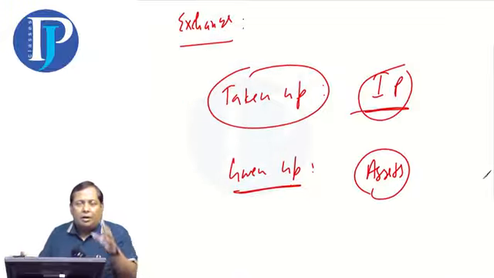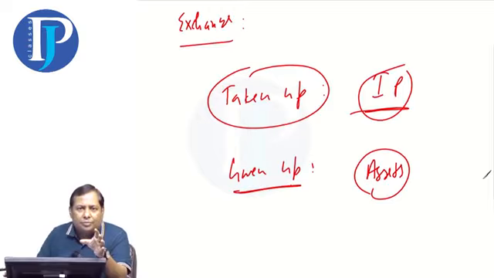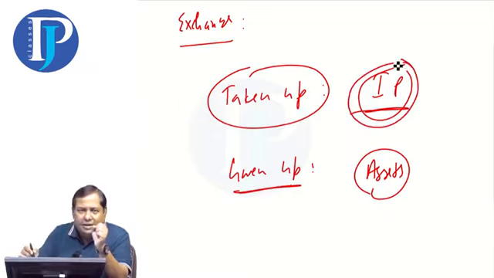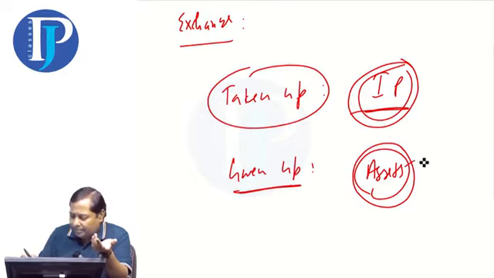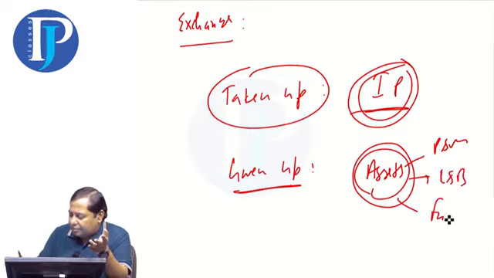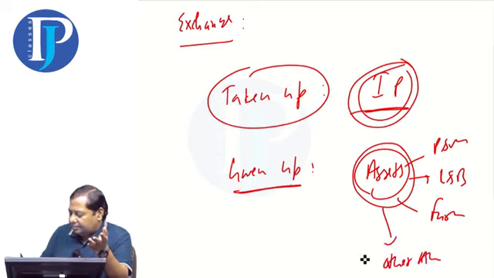Did you understand? If your payment is made in full cash, then it is a cash purchase. But if you are buying an asset, and then you make the payment in other assets, plant and machinery, land and building, furniture, other assets.